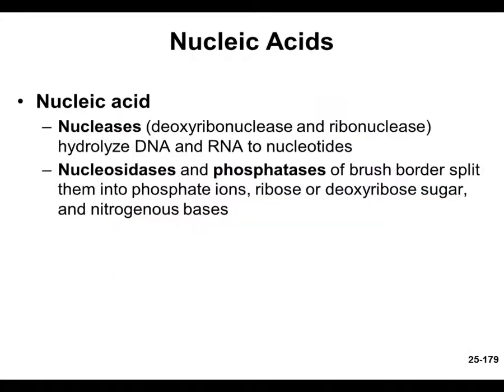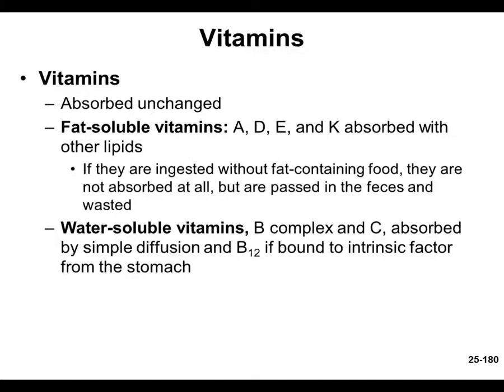Finally, nucleic acids. We certainly do consume nucleic acids. It's not something on our nutrition labels because we don't get any direct energy from them. But we certainly do have nucleases made by our pancreas. These nucleases, again, are going to break down DNA and RNA that we consume. Every time we're eating any kind of cell, we're going to be consuming and breaking down the DNA and RNA of that organism.